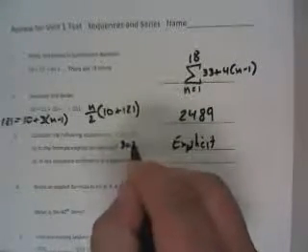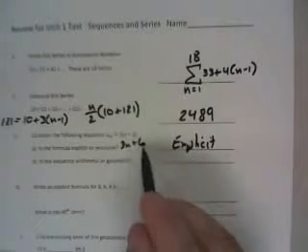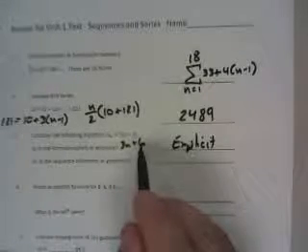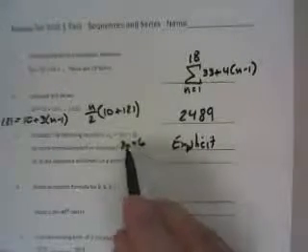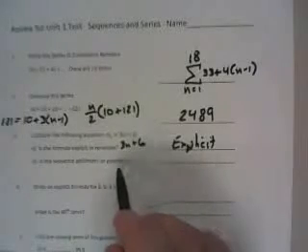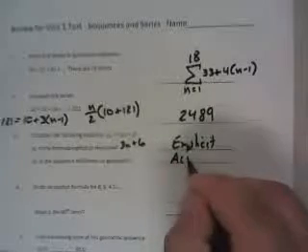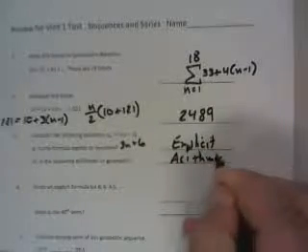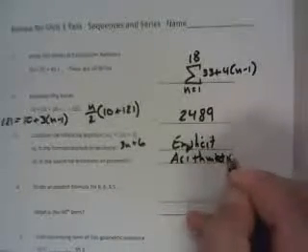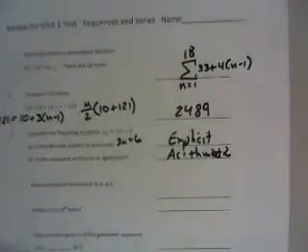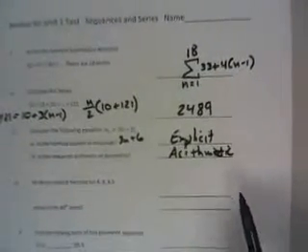Well, if we distribute that, it's 3n plus 6. That's like a linear equation. We would start with like 6. We'd be adding 3, n number of times. And that's one form of a type of arithmetic sequence.